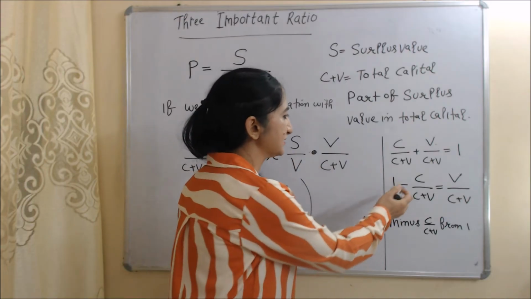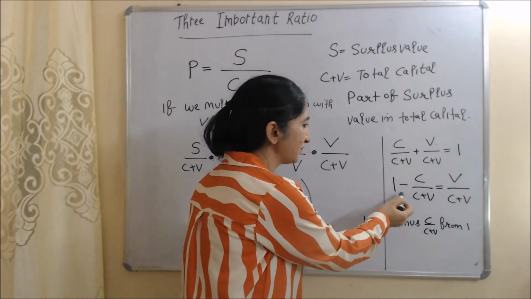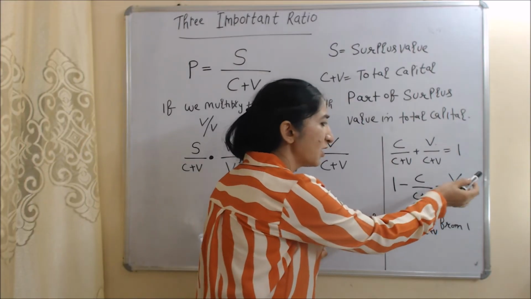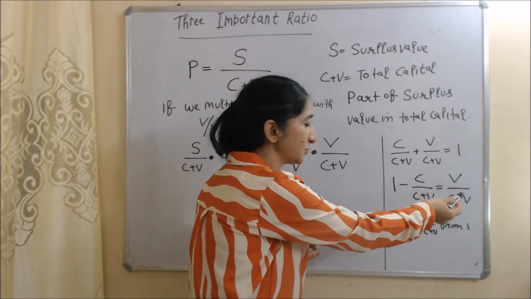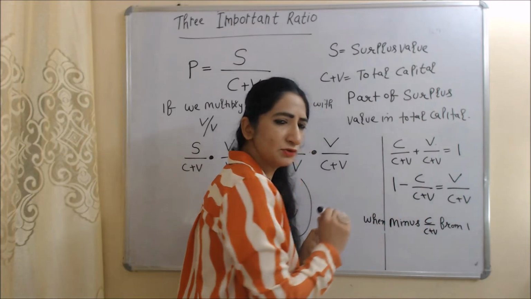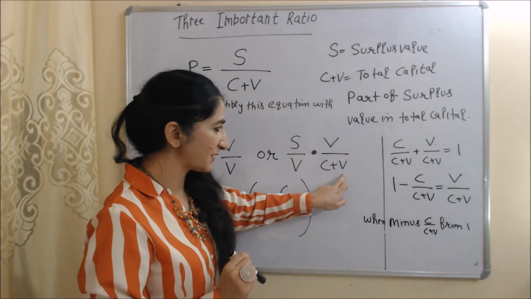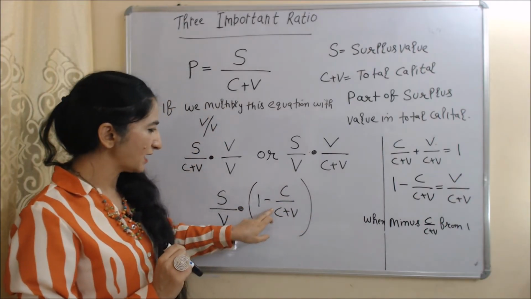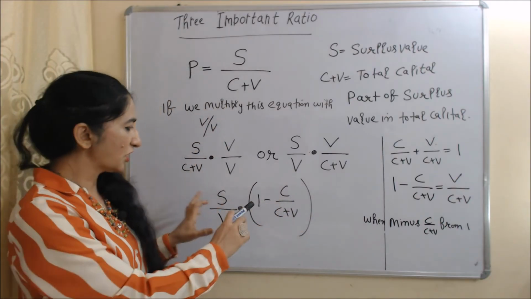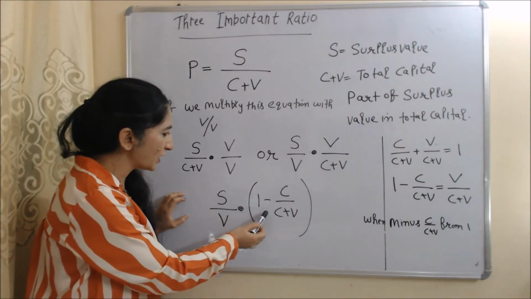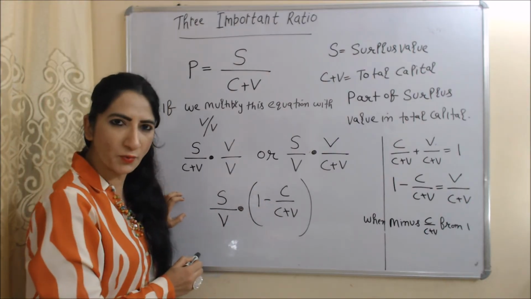When we subtract C over C plus V from 1, it will become equal to V over C plus V, or we can say it becomes equal to the ratio of variable capital to total capital. So, in place of V over C plus V, we can write 1 minus C over C plus V. Now, our final equation is S over V into 1 minus C over C plus V.